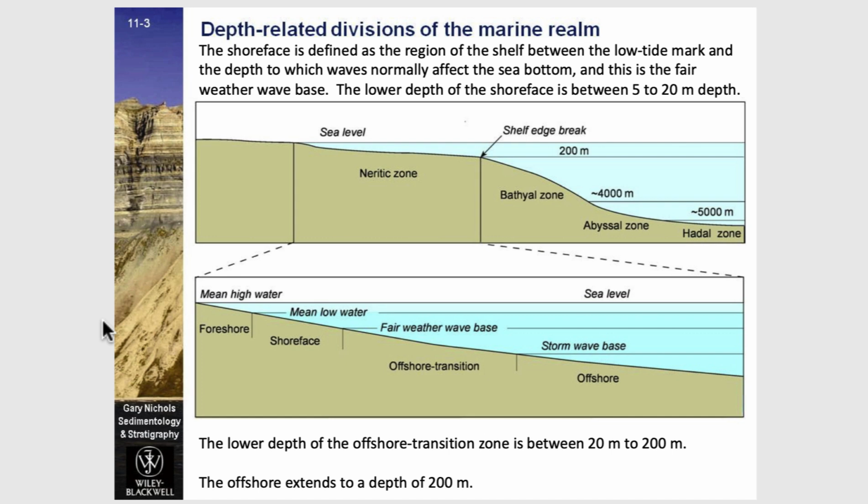So these regions are still part of the shelf, don't forget that. So an offshore is still before the shelf edge break, so we are at a depth of roughly 200 meters.